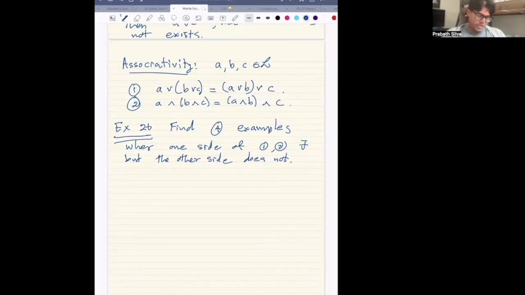Now, another question is: proposition. If the left hand side and right hand side are well defined, meaning that they exist.